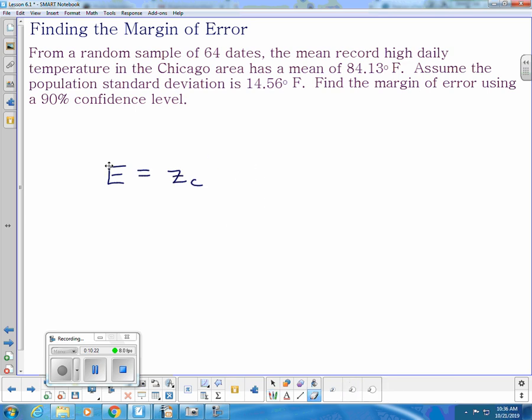So we're going to do the error equals z sub c times the standard deviation over the square root of the sample size. What is z sub c? What's the z-score that corresponds to 90% confidence level? You wrote it down, yes?